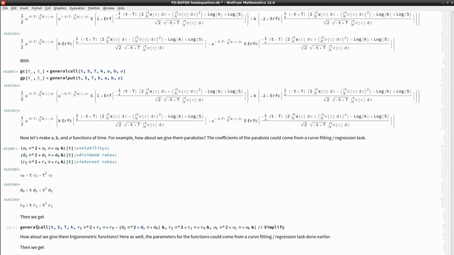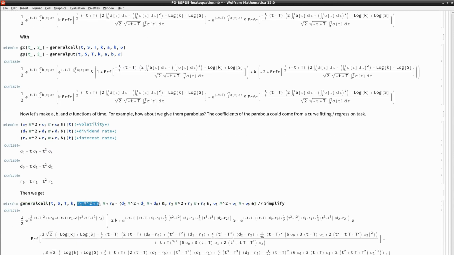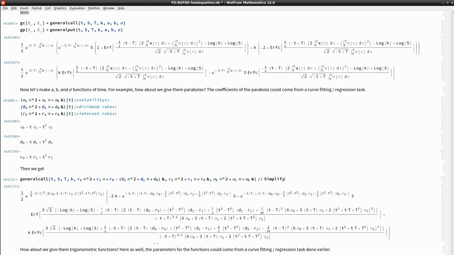And in that case, if we use these functions now, and you will see here I use the parabola for the rate, for the dividend rate, for the volatility sigma, then we are now getting a call pricing formula that has exactly these factors, these parameters in these formulas, right?